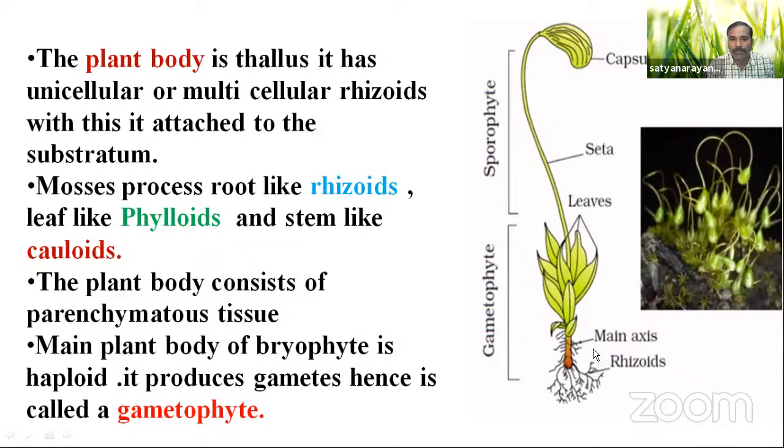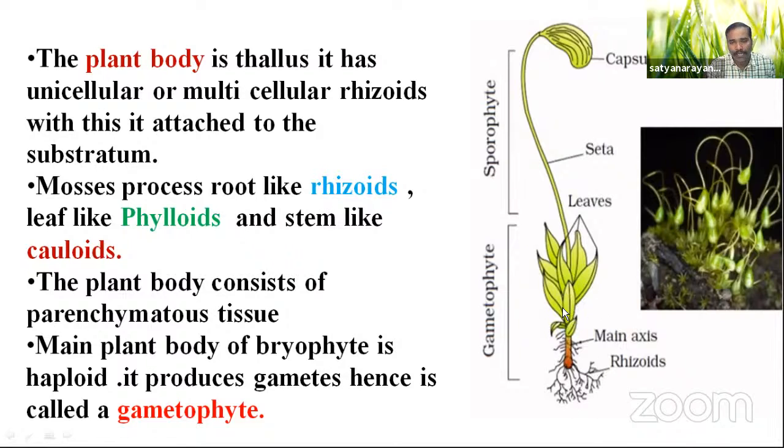This is the main plant body. On the main plant body, one more stage, partially or totally dependent, is present. This stage is called the sporophytic stage or sporophyte. So the sporophyte is partially or completely dependent on the gametophyte. The main plant body is called the gametophyte.